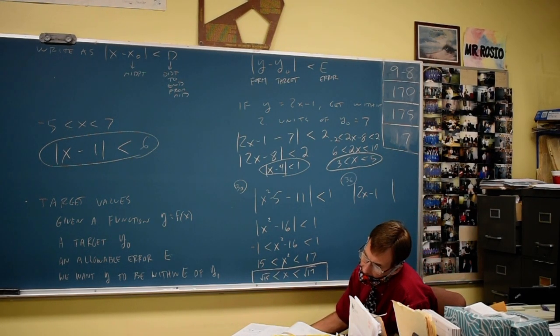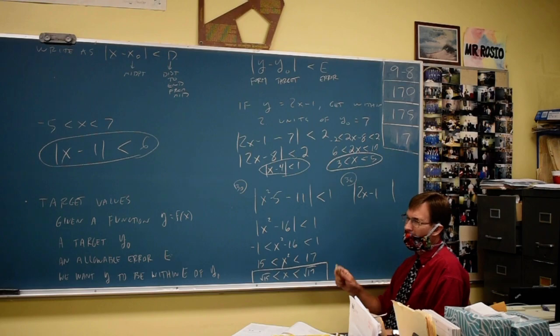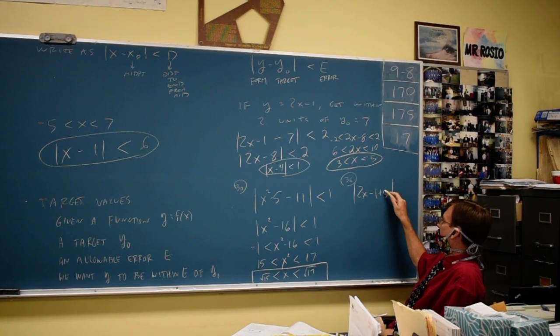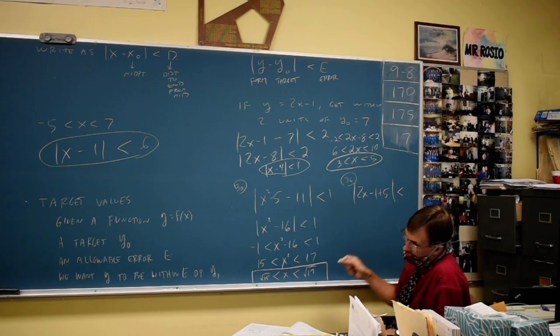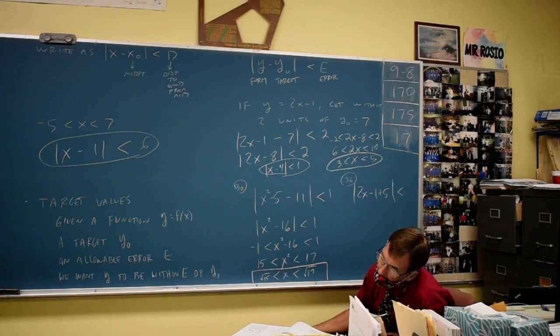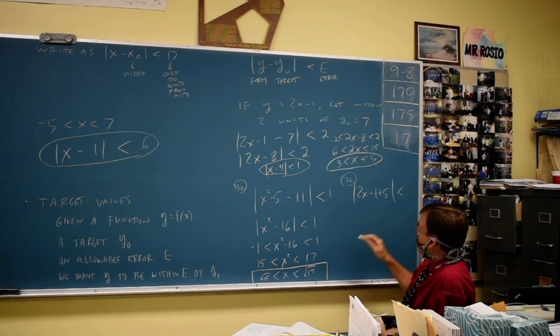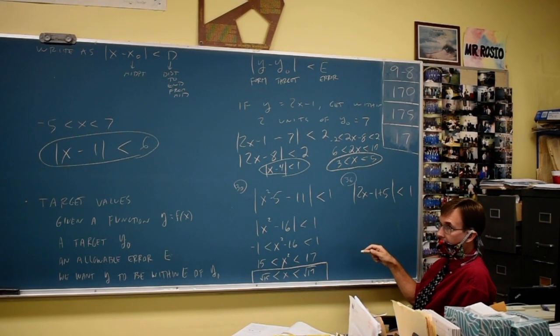After the 2x minus 1, close. Plus 5, because it's minus a negative, so the old minus makes plus. Less than, grab the 1. That other number doesn't matter, just ignore that.